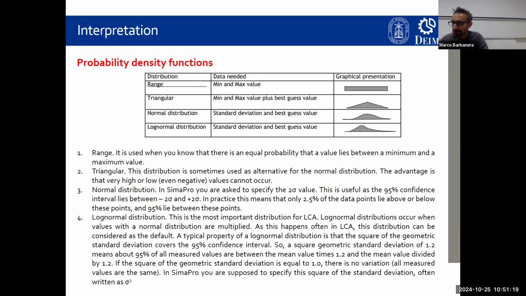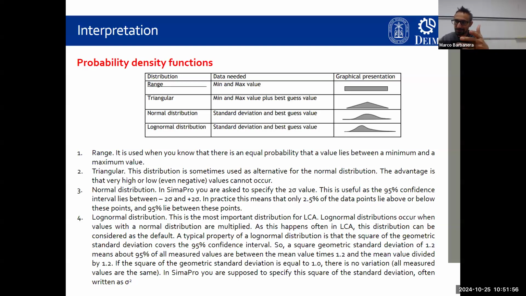Because if we want to calculate exactly the square standard deviation associated to each data, in theory, we have to know a list of different values for the same parameter obtained from, for example, different measurements and so on.